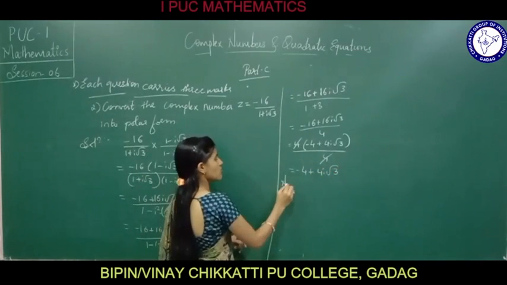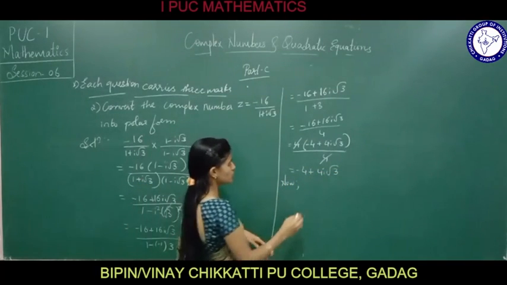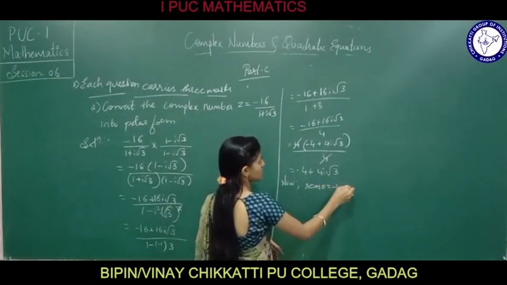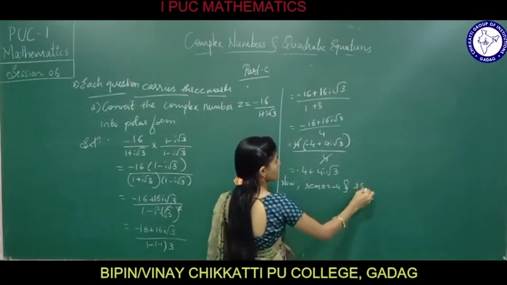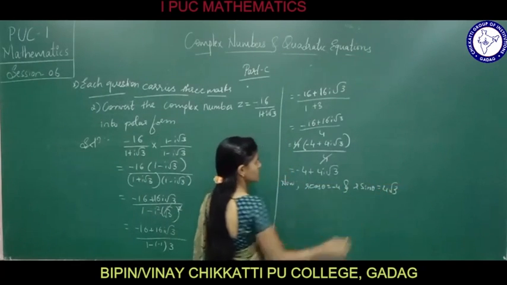Now we need to find it in the polar form, no? Now what I am going to do? R cos theta is equals to minus 4 and R sin theta is equals to 4 root 3.